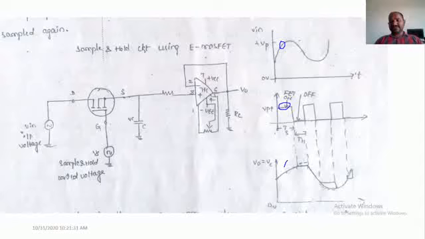This information will be sampled and held by the circuit during the TH period. Clear? So during the sampling time, whatever the input signal variation is, that is sampled and held by the sample and hold circuit.